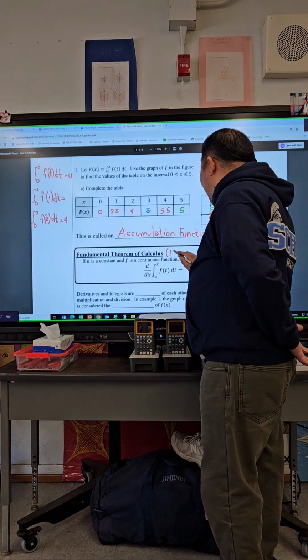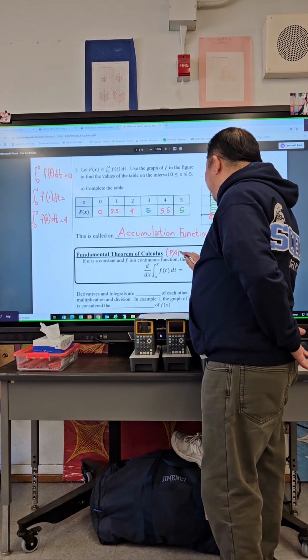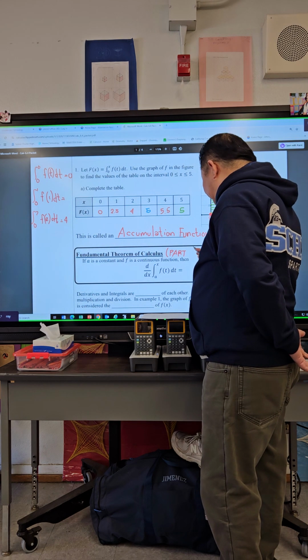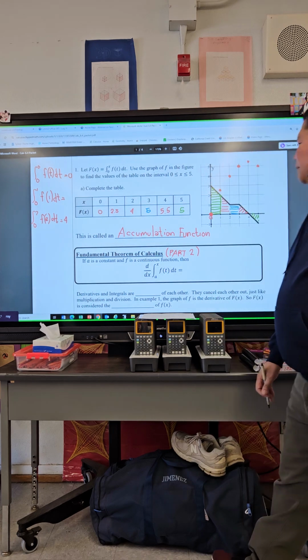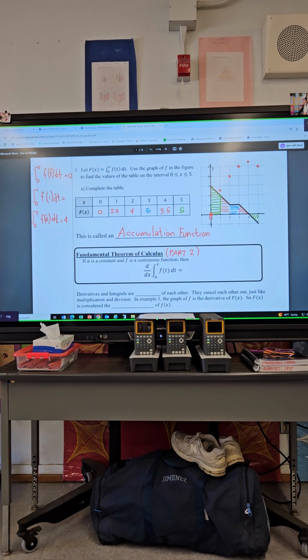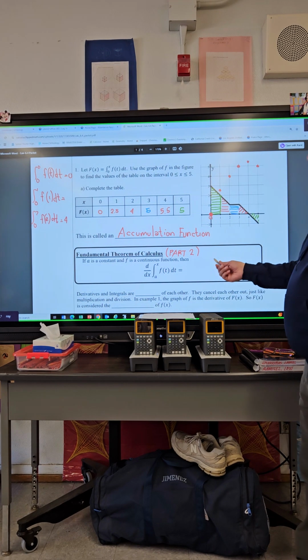Can you write down also part 2? So, fundamental theorem of calculus part 2.